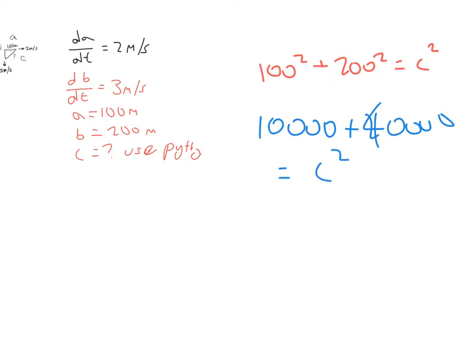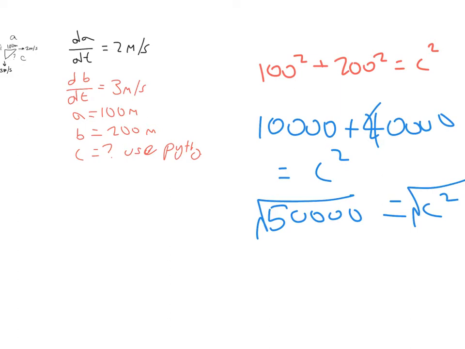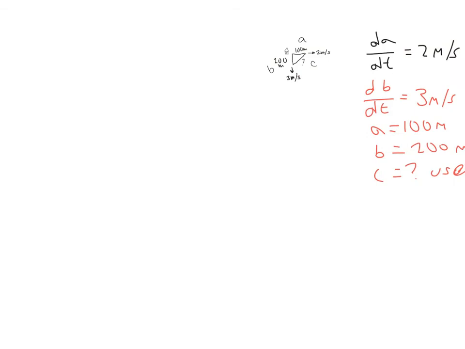And then you add those together, so you're going to get 50,000. Then you find the radical of this to get C, which equals 223.606.